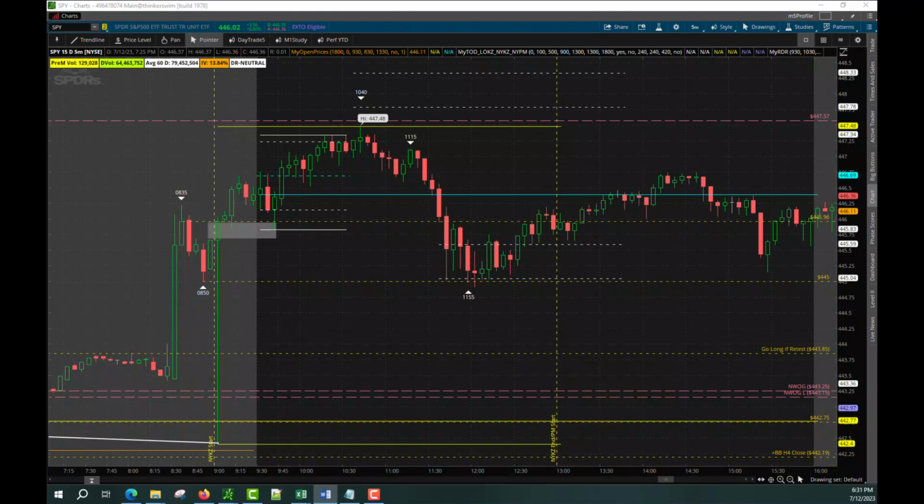The entry times for today are 8:50, which is an order block, and 10:40, another order block, and entries at 11:15 and 11:55. That's our entry times right there.